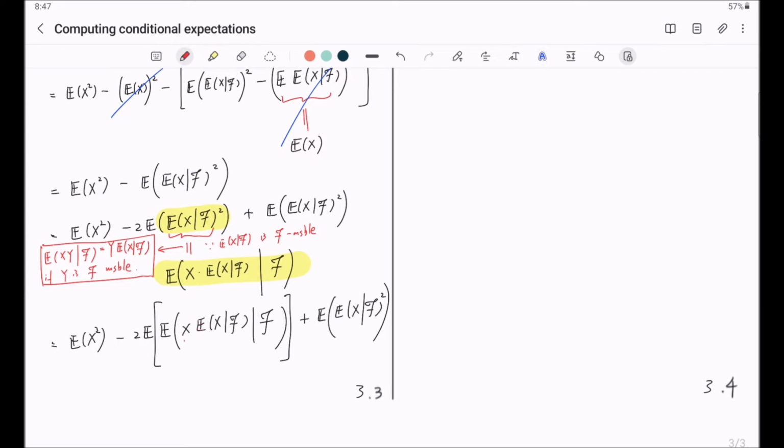If you think of the law of total expectation, then we have a perfect situation of using it, which yields just the conditional expectation of X times E of X given F. Now let's copy everything down. So this part follows from the law of total expectation.